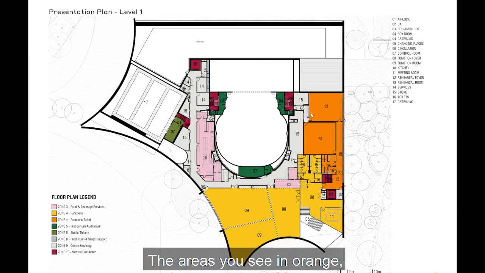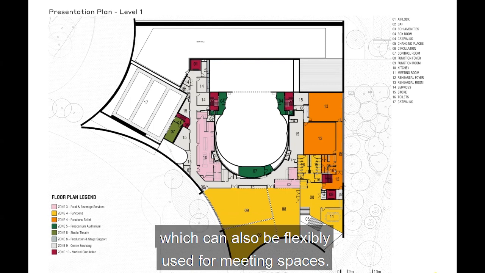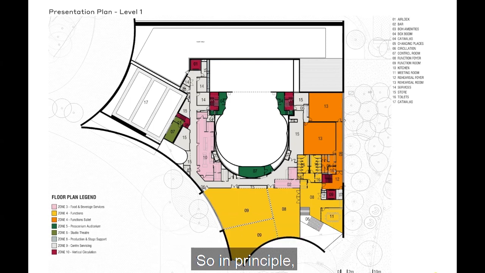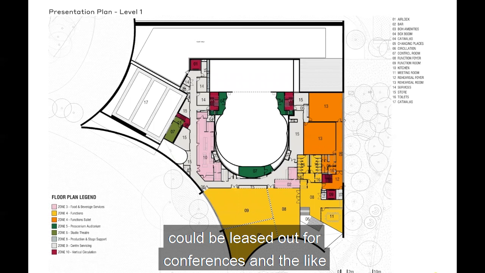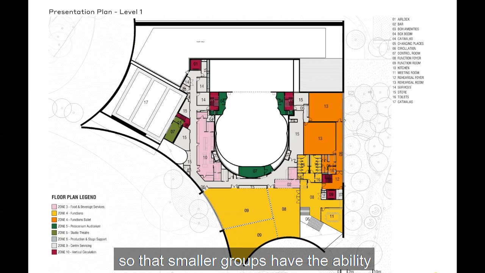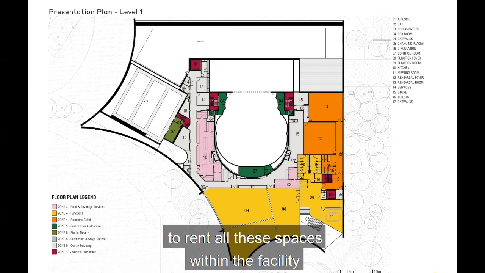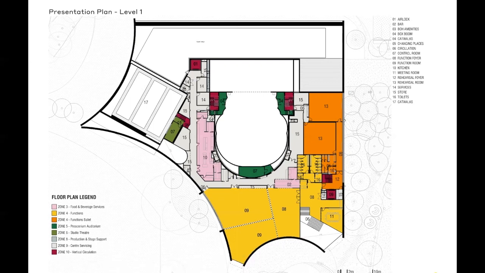The areas you see in orange, demarcated with the number 13, comprise rehearsal rooms, which can also be flexibly used for meeting spaces. So in principle, the whole of this upper level floor area could be leased out for conferences and the like, or equally operated in more discrete modes so that smaller groups have the ability to rent or lease spaces within the facility and enjoy the amenity of the building.